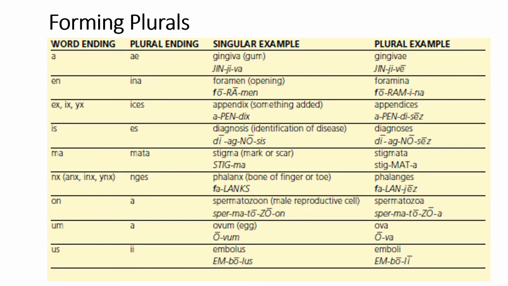Then we have the endings ANX, INX, and YNX. The example given is phalanx, and the plural should be phalanges. This means bone of a finger or a toe.